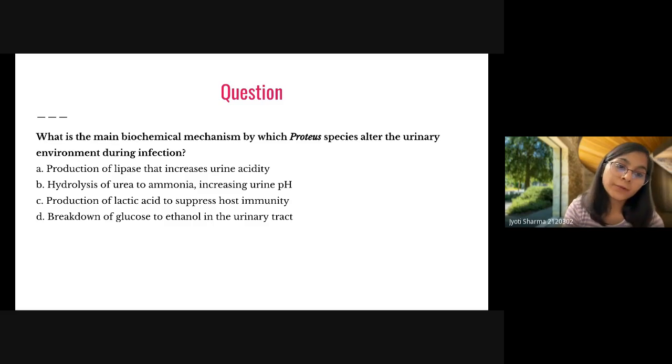And options are: A, production of lipase that increases urine acidity. B is hydrolysis of urea to ammonia, increasing urine pH. C is the production of lactic acid to suppress host immunity. And D is breakdown of glucose to ethanol in the urinary tract.